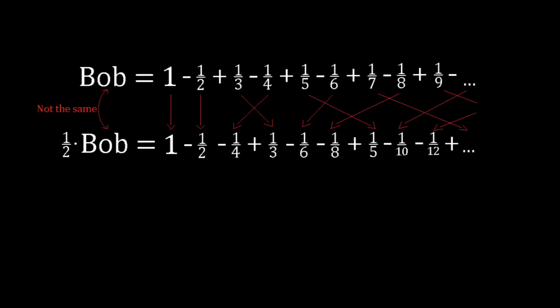You can see, if you look closely at the sum before and after I rearrange it, that in the first sum, we have one positive number, one negative number, one positive number, one negative number.